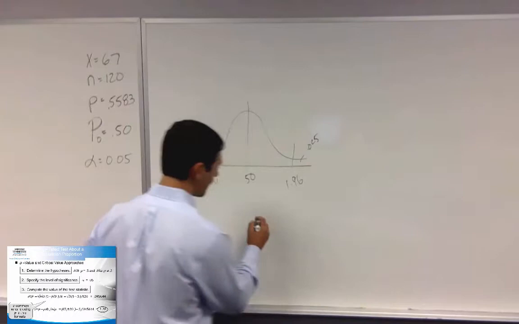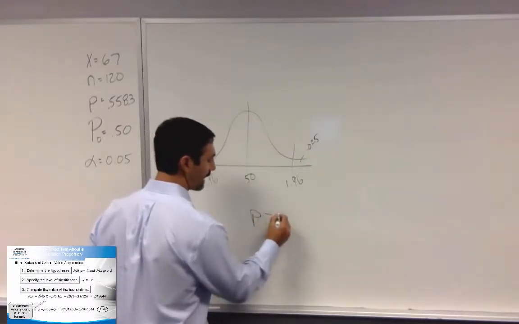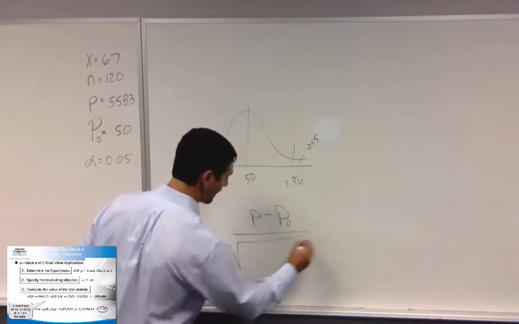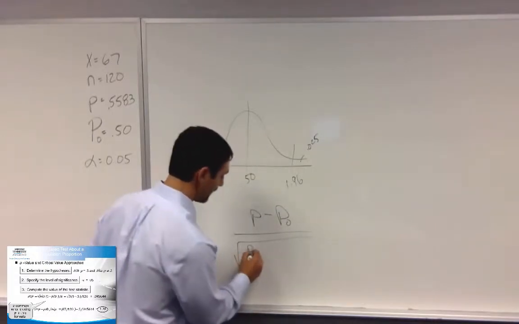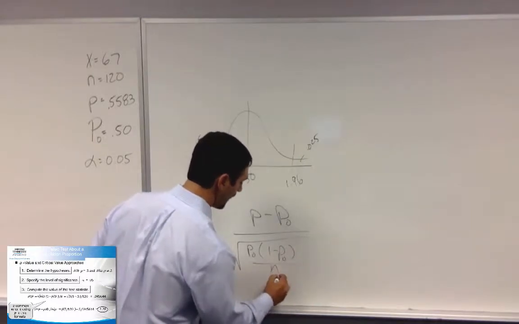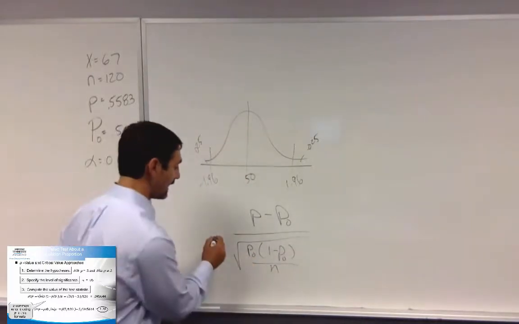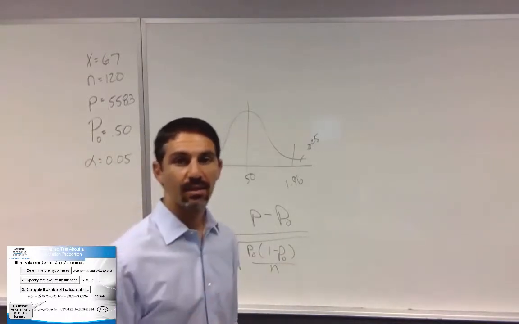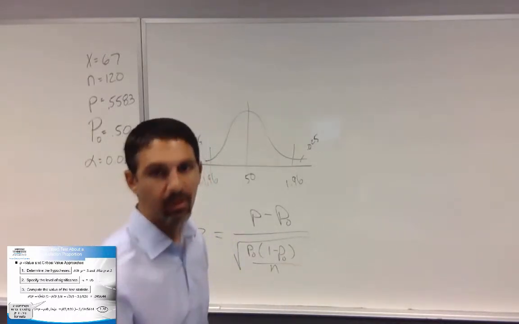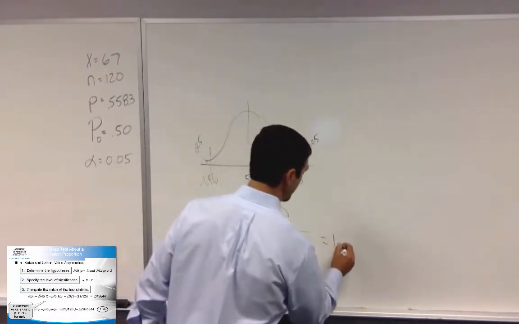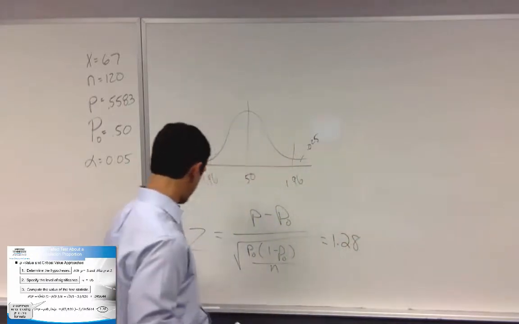We're going to take p minus p sub 0, and then we divide that by the square root of p sub 0 times 1 minus p sub 0, over n, and that gets us z. And so that's what you see there, the 0.5 times 1 minus 0.5 divided by 120. And so that's where you get the 1.28.